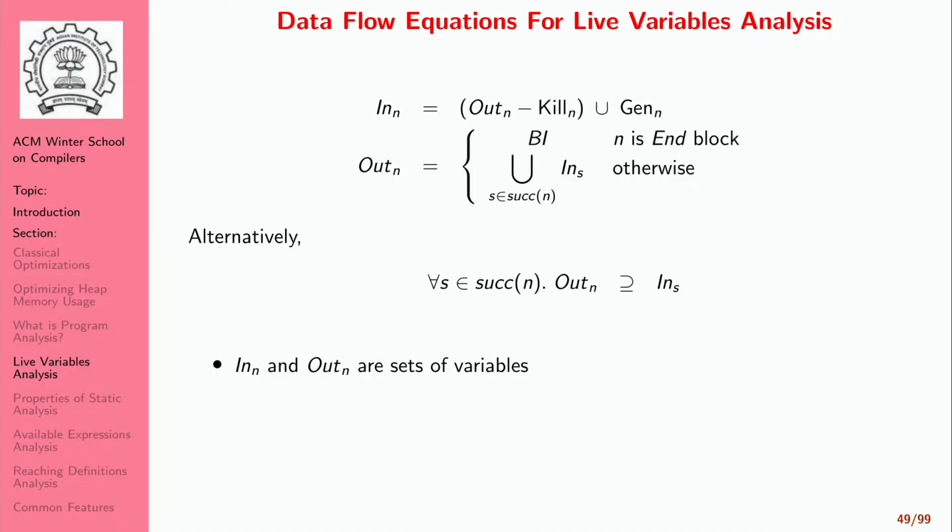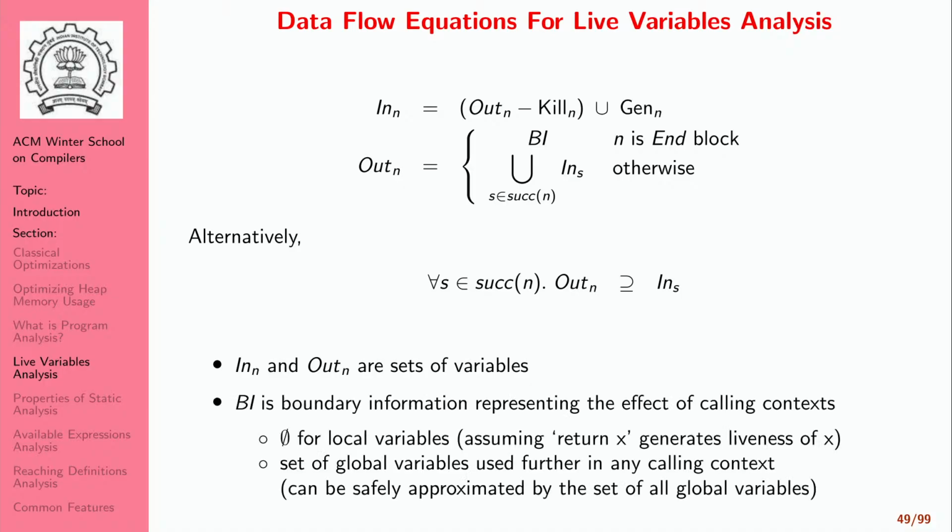Here in and out of n are sets of variables, and BI, boundary information, tells us the effect of what's happening within the caller. At the end of a procedure, which variables are live depends on whether a variable is used in the caller. So if we restrict ourselves to local variables, which is what we will do now, in that case this BI becomes empty. So at the exit of a procedure, no local variable is live.